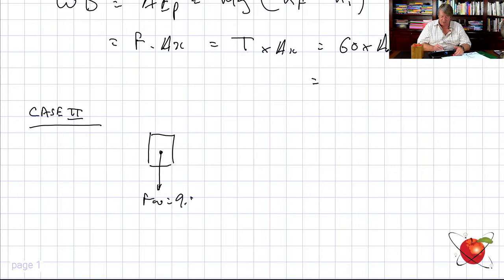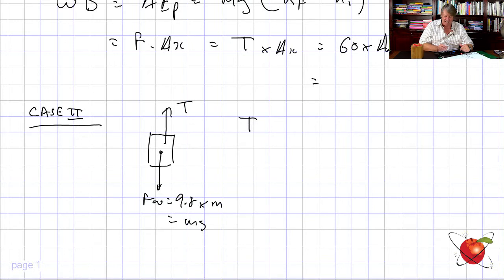FW is equal to 9.8 times mass, or let's just call it mg, shall we? So we've got mg like that. My next task is to say, okay, I have got T going up, and in this case, T is greater than mg. What does that mean? That means that we are accelerating because my up pull is greater than my down pull, which means, is there an F net?